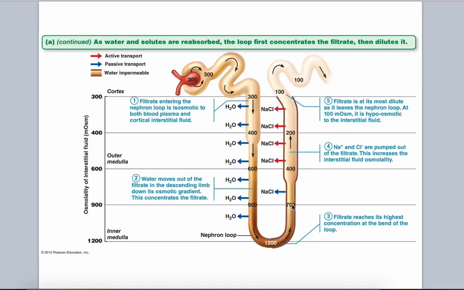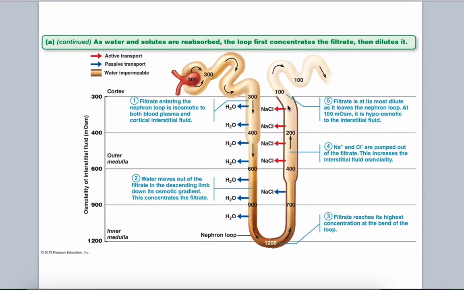Then on its way out, water is able to leave a little bit here too. But now sodium starts actively getting pumped out. Sodium leaves passively here because it's in high concentration. Then it starts getting pumped out at the same time, making the interstitial fluid more salty, which also draws out more water.